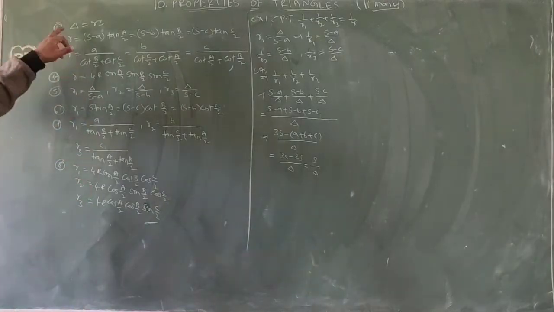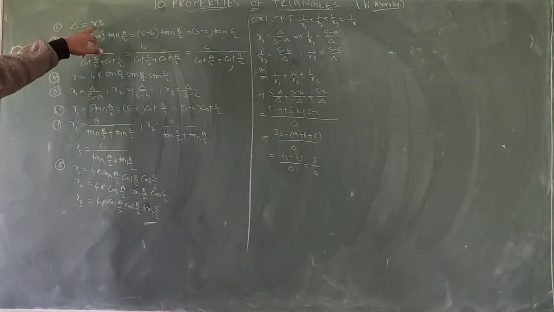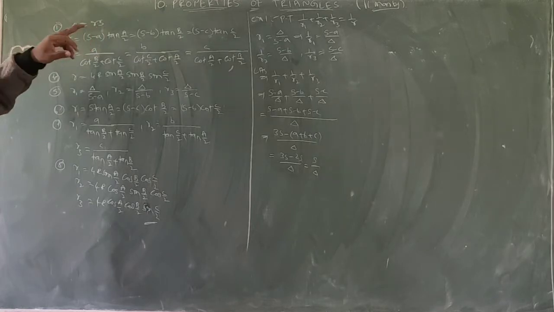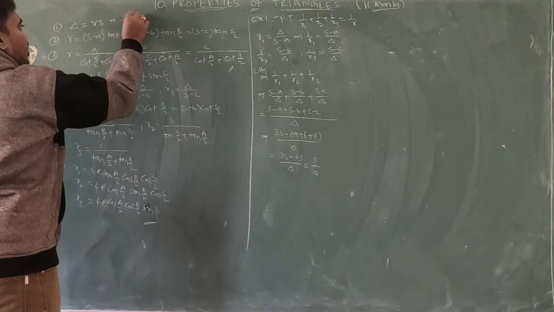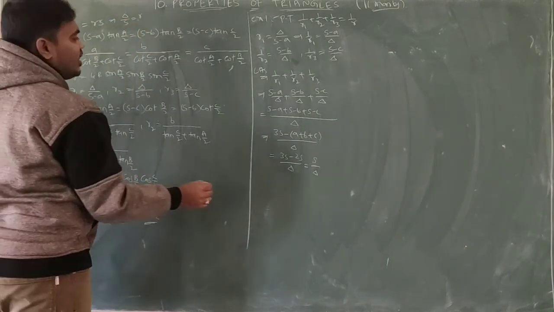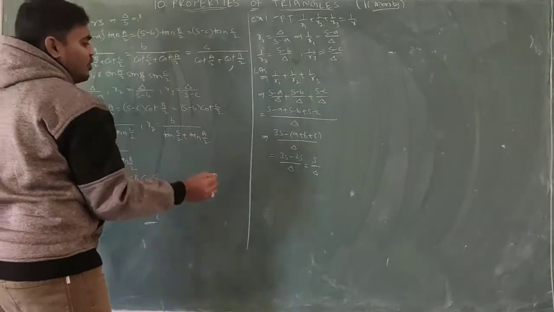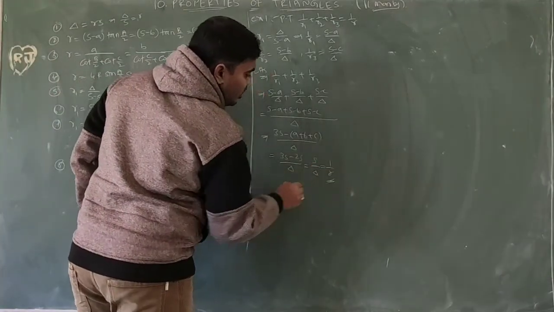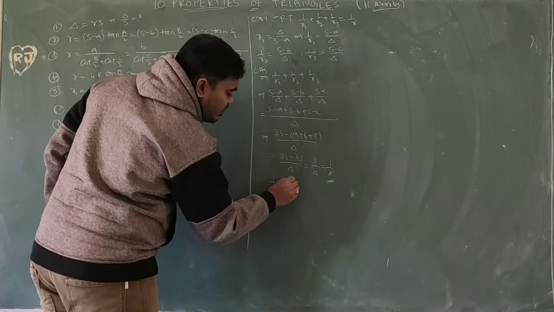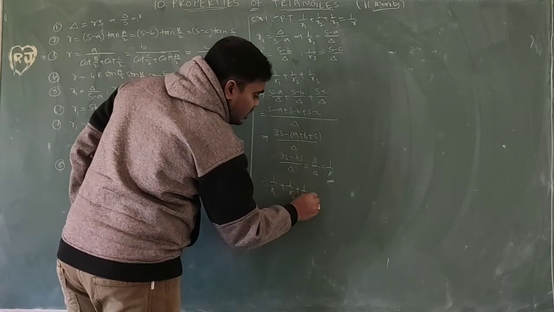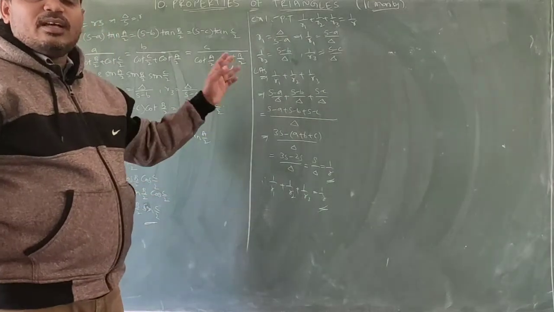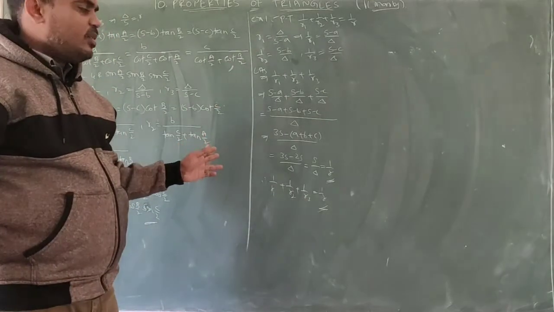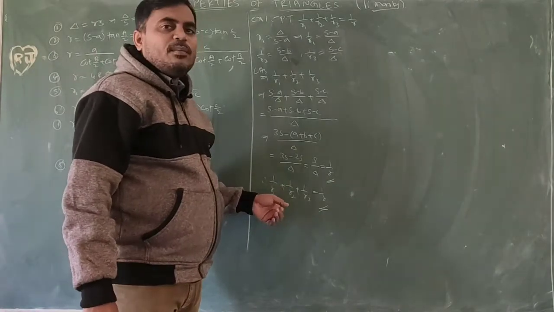Already what we have, delta equal to r s, so delta by s equal to r. So the reciprocal of delta by s, s by delta, is 1 by r. Therefore 1 by r1 plus 1 by r2 plus 1 by r3 equal to 1 by r.